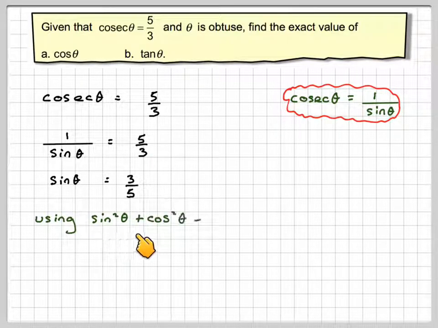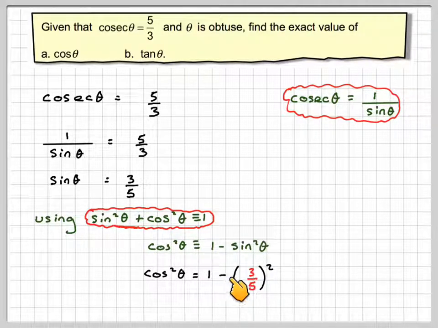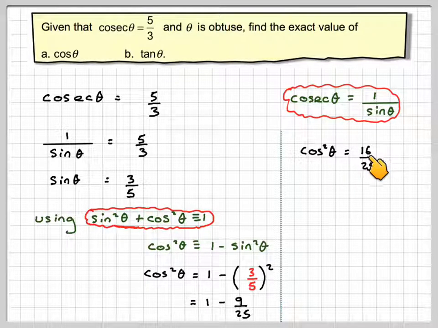Using sine squared plus cos squared is equivalent to 1, we know that cos squared theta is equivalent to 1 minus sine squared theta. So cos squared theta is going to be 1 minus 3 over 5 squared, which is 1 minus 9 over 25. Therefore cos squared theta is 16 over 25, and therefore cos theta is going to be plus or minus 4 over 5.